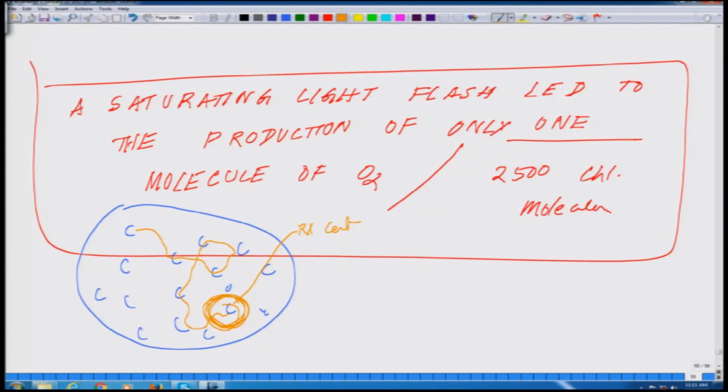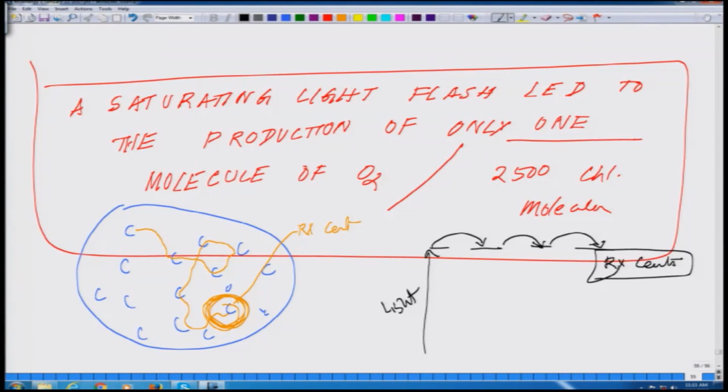One of the currently accepted theories is that there is light energy, and there are hops of energy transfer taking place at this level, and eventually it reaches the reaction center. These are the chlorophylls sitting at the ground state, and these are the chlorophylls sitting at the higher state.